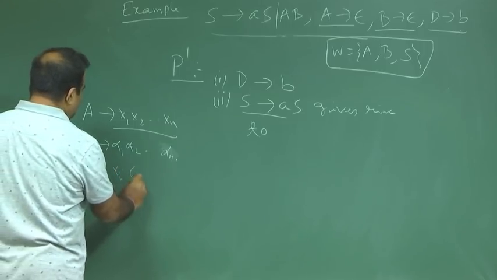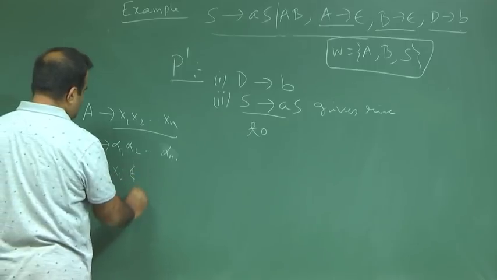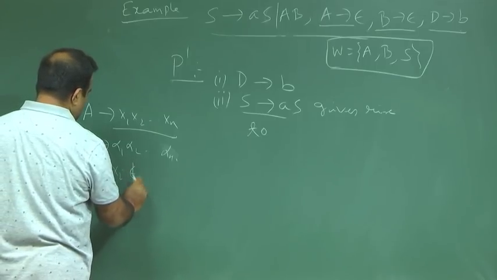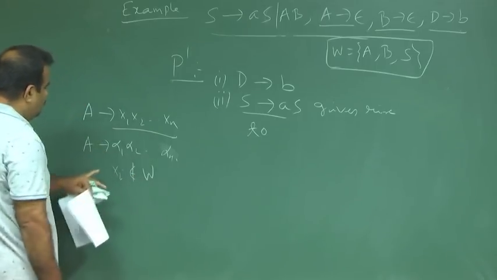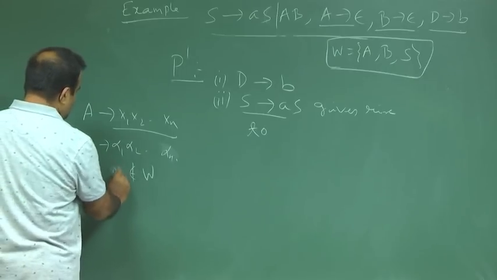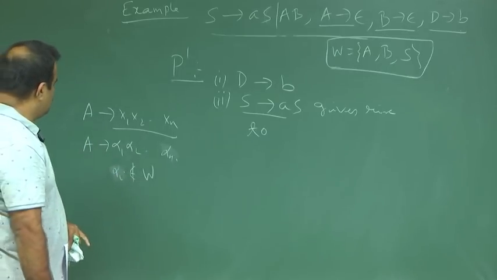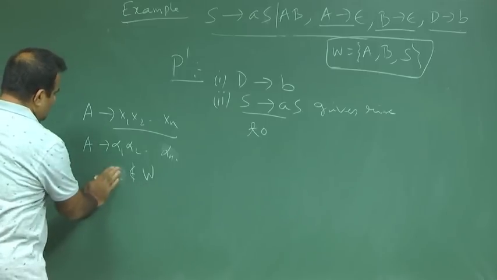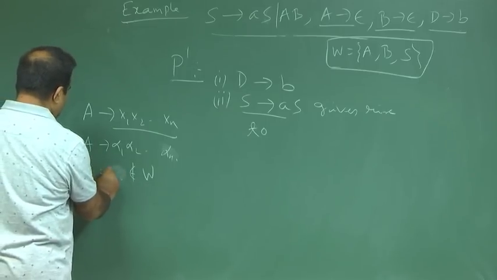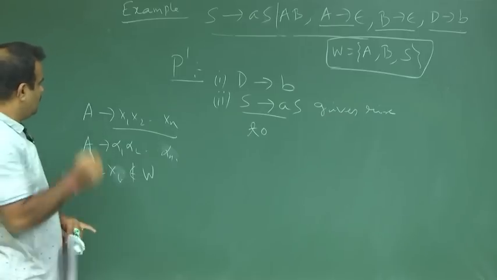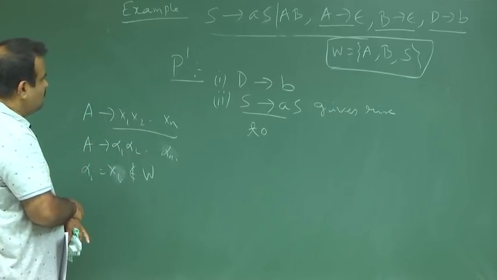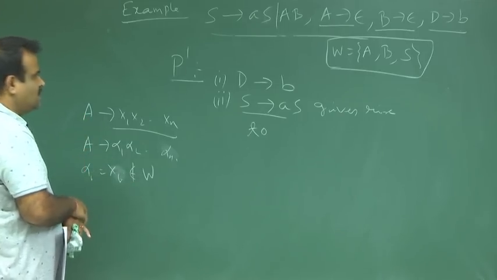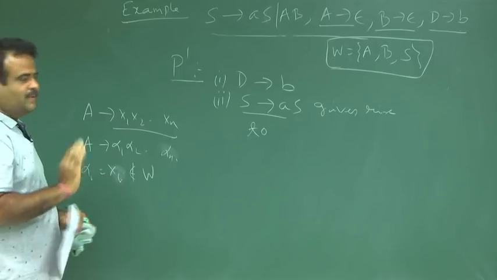If xi is not a nullable variable, not in W, then alpha i will be equal to xi. Otherwise, if it is a nullable variable, we have two options: we can erase xi or we can keep xi.